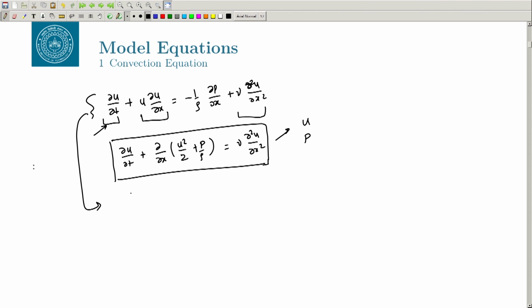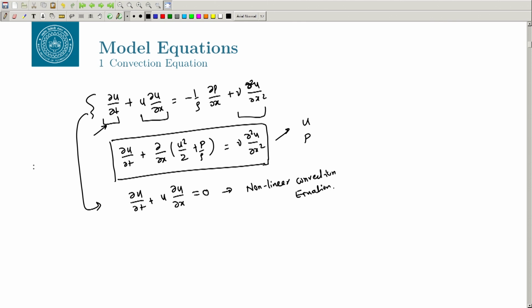Let us have the equation del u by del t plus u del u by del x, and let us put all other terms on the right-hand side as 0. This equation is called the non-linear convection equation. Why is it non-linear?